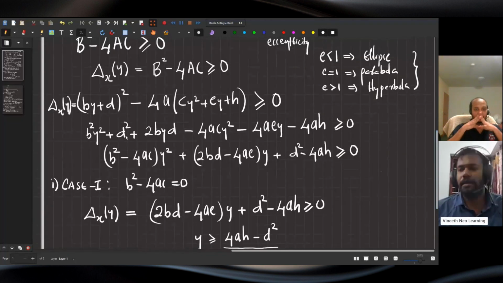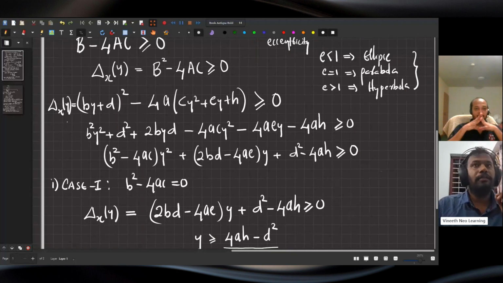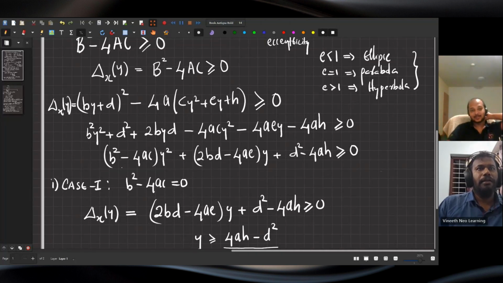What are you talking about, this delta of x, y? It should always be greater than 0, because it is the leading point of the determinant.